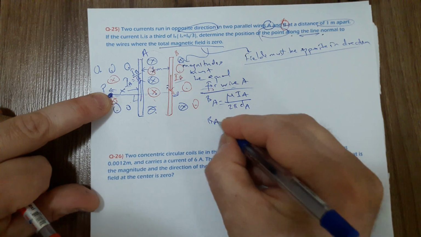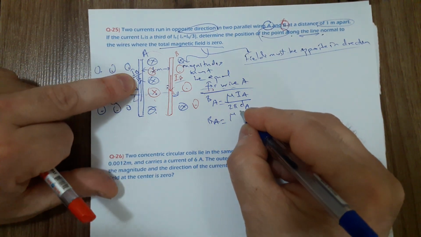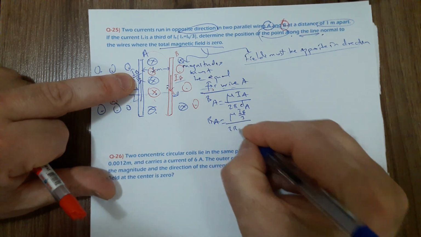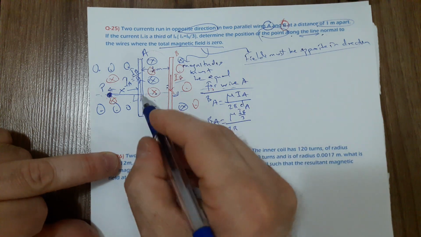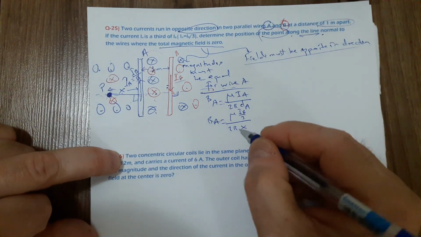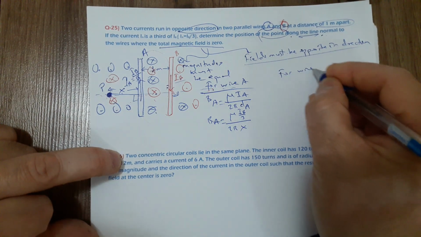So the magnetic field of A: mu, IA is IB over 3, it's given in the question, divided by 2 pi times the distance from A to the point. From A to the point P, it's X. I said X because I want to find this. This is for wire A. For wire B.